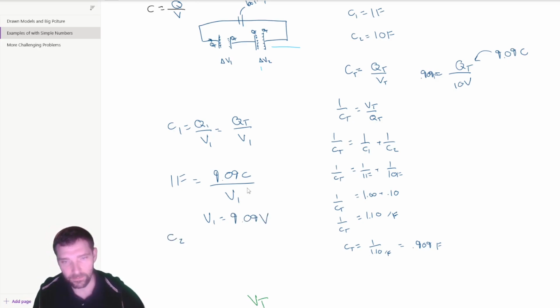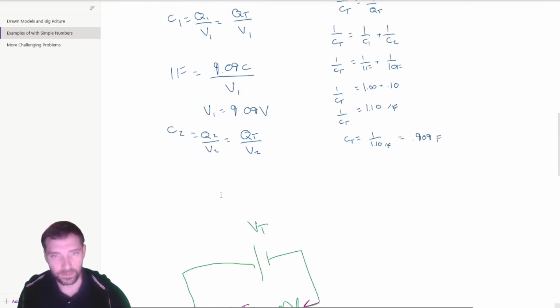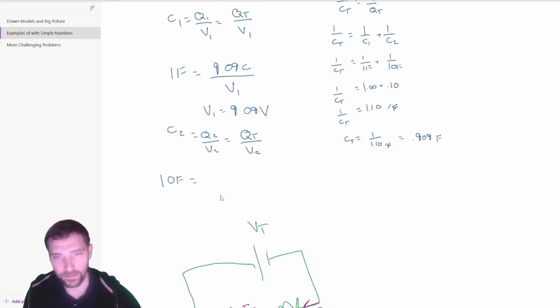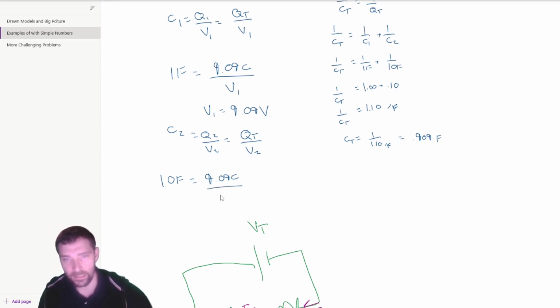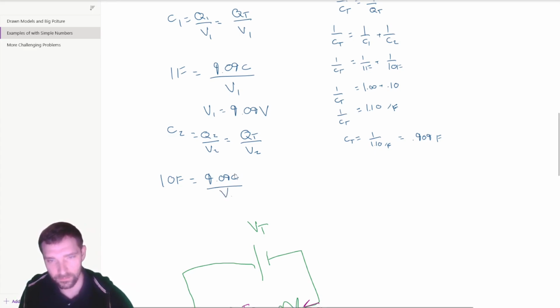And we can do the same thing for C2. And it really is the same total charge here, but now we've got this V2, and we can plug in those numbers. So if we think about this, we've got, I think it was 10 Faraday, and this was the 9.09 coulombs, the same charge across the two. And then we've got V2 here, which I think we're solving for.